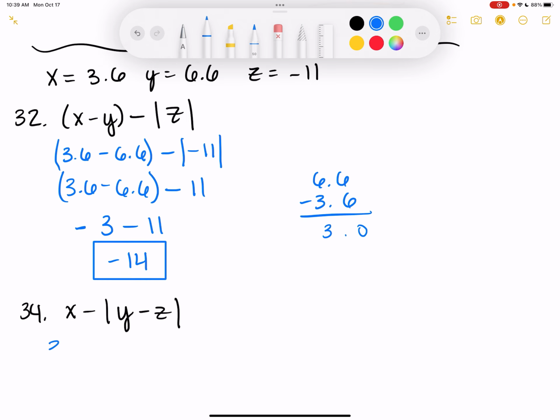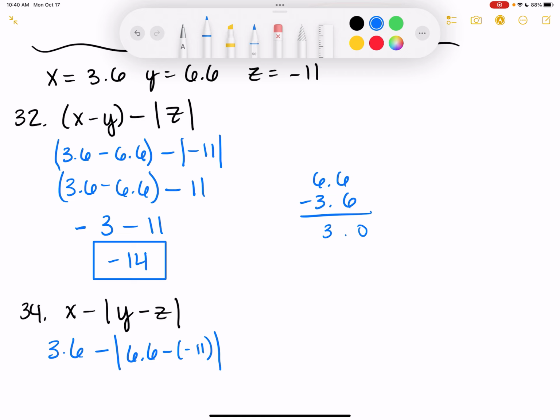So I've got 3.6 minus the absolute value of 6.6 minus a negative 11. So just as a reminder, we treat absolute value like we would a parentheses, so we're going to treat it like a grouping symbol. We're going to do the stuff in there first. So I have 6.6 minus negative 11.